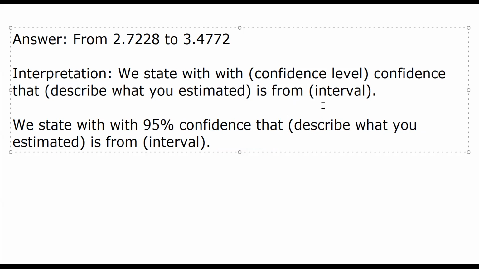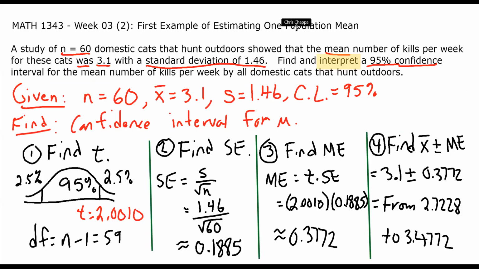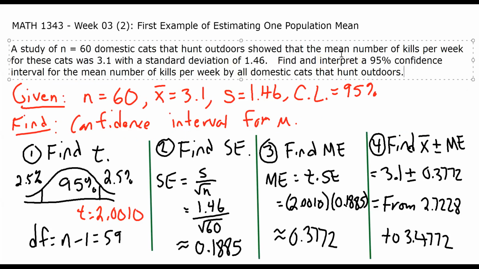Now, as far as describe what you estimated, let's go back to the word problem for a second. What did we estimate here? We estimated the mean number of kills per week by all domestic cats that went outdoors. That's what we were estimating. So let's copy this and let's go put it in.